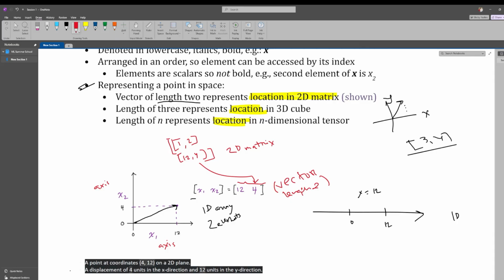A length of 3 represents a location in a 3D cube, just like that. When we have something like 12 3 4, that means in a huge 3-dimensional structure, it is one of the values out there.